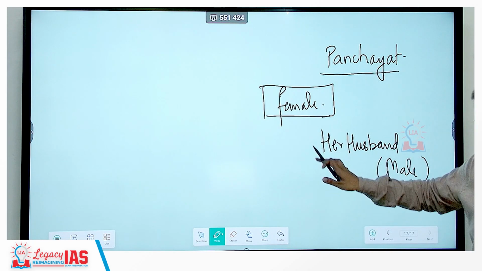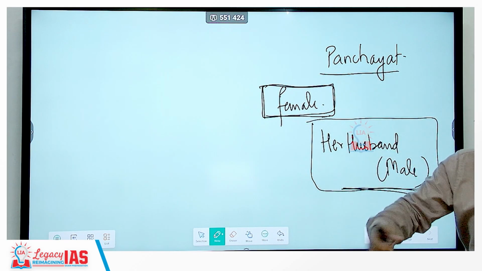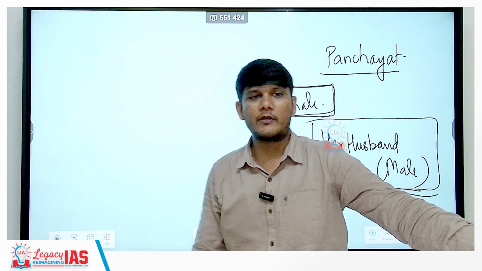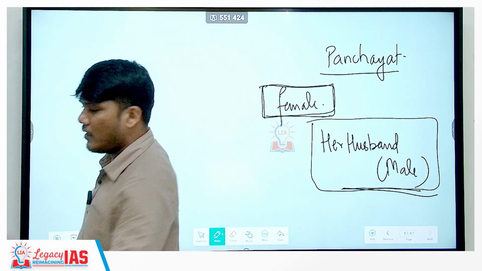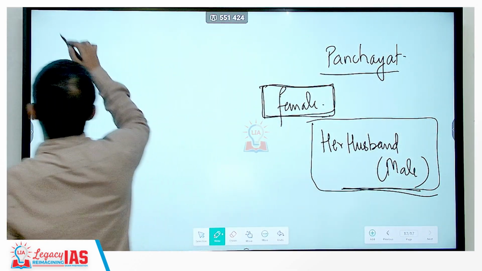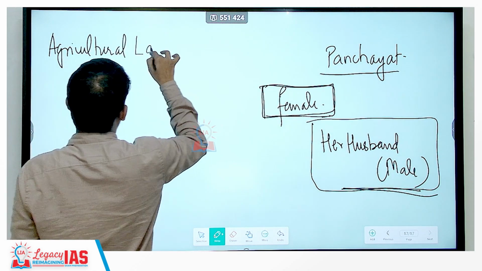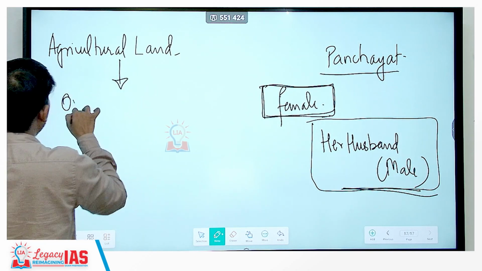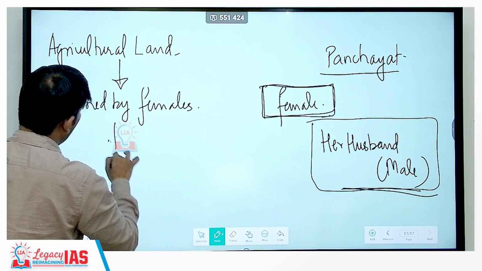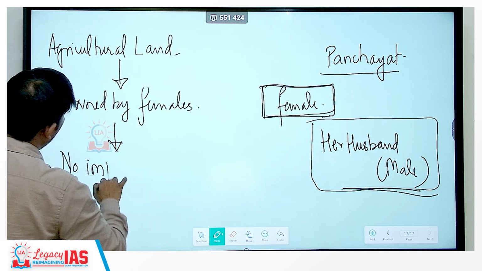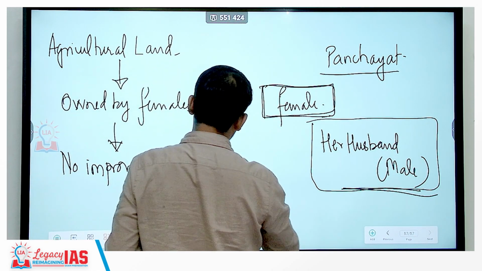Okay, so it's the similar thing. She is owning the title, but he is the one doing the things and taking decisions and being respected, being saluted by the people of the village. In the same manner, there have been reports in certain areas of Haryana, for example, that a lot of agricultural land is owned by females, but even after that, no improvement in the inequality factor.